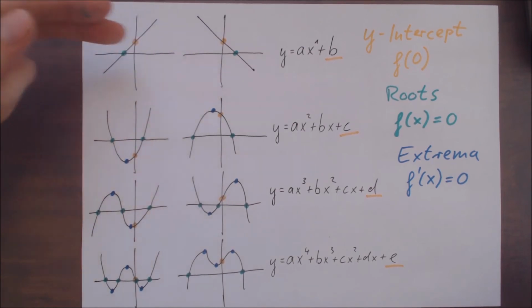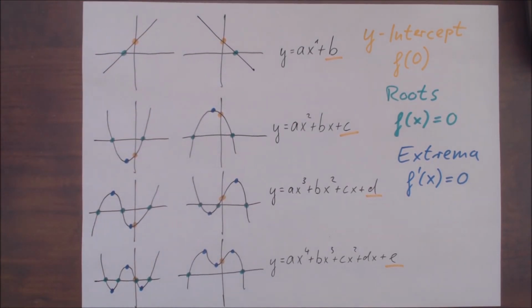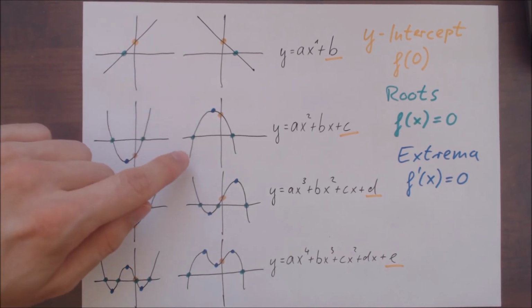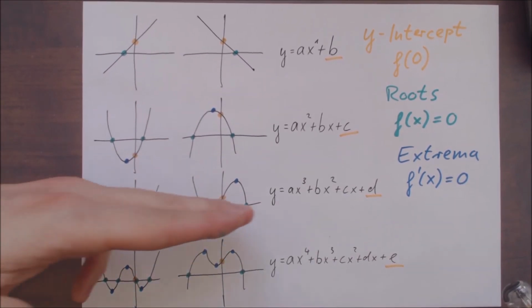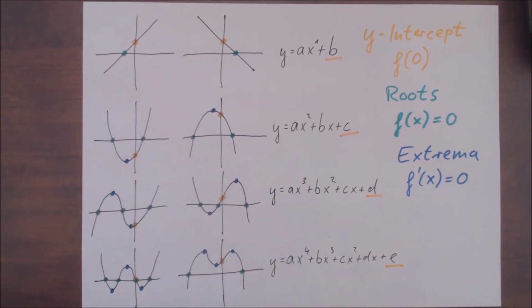So obviously, a straight line cannot have an inflection point because it has not even a bend. Then the parabola also has no inflection point because it is only one bend. In this case, it is just a left-hand bend, or in this case, it's just a right-hand bend, but there are no two bends. The first time we have two bends are the polynomials of third degree. And where is that?